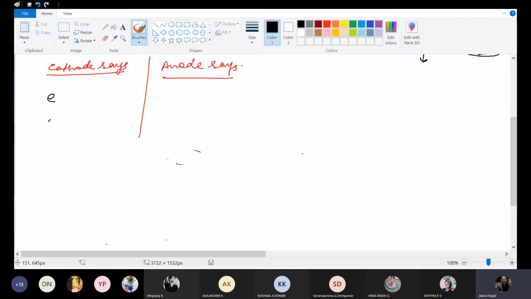Anode rays, e/m ratio, that is charge upon mass ratio, and cathode rays also, e/m ratio, for different gases.